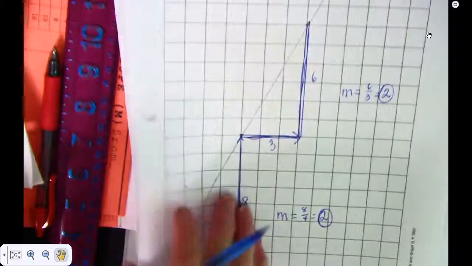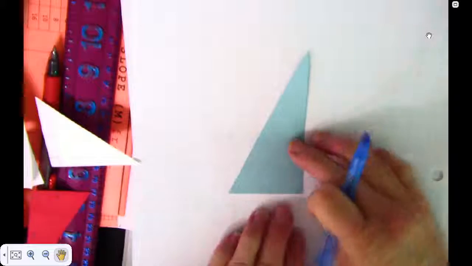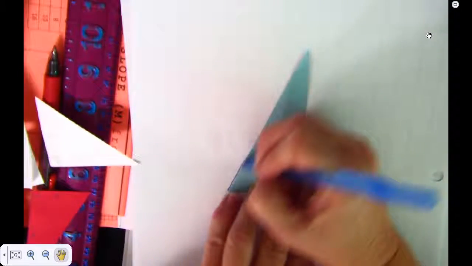Okay, turn to the back and trace around the blue. Put it like that. Trace around the blue for me.